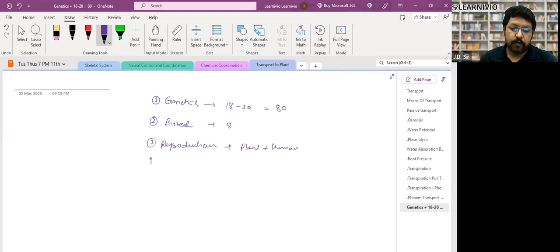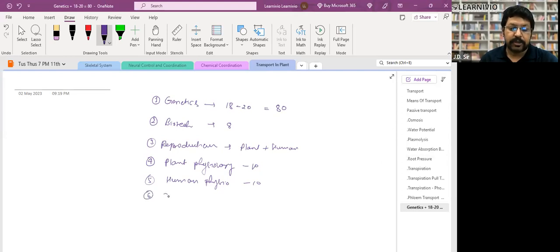Then fourth number is plant physiology and animal physiology. Plant physiology has fewer chapters, but you will get 10 questions from here, and equal questions are asked in human physiology. So total 40 marks weightage.